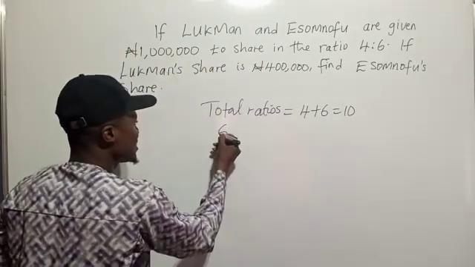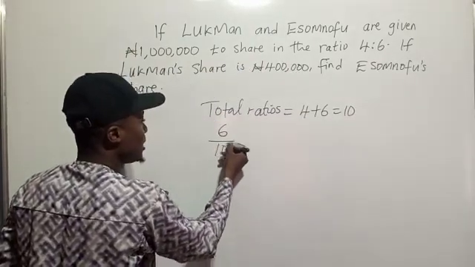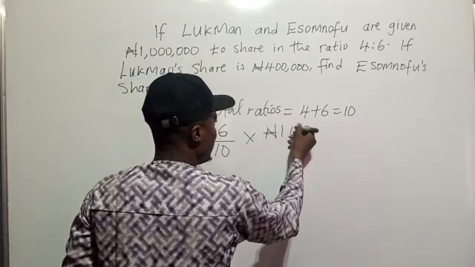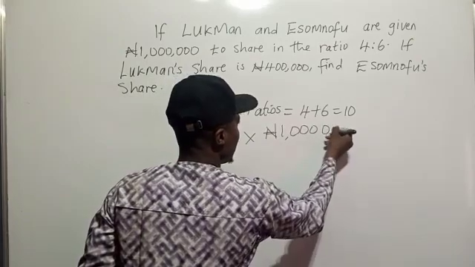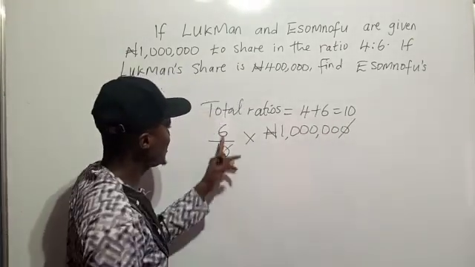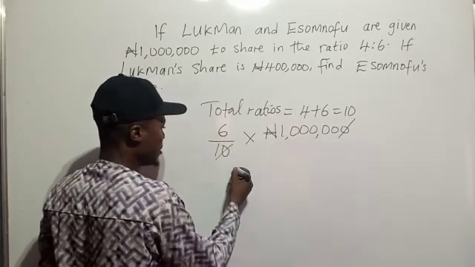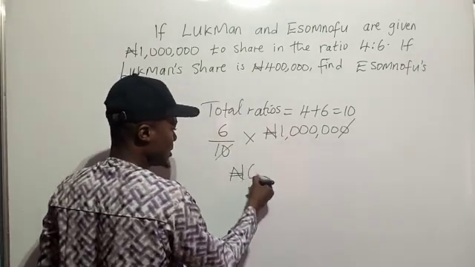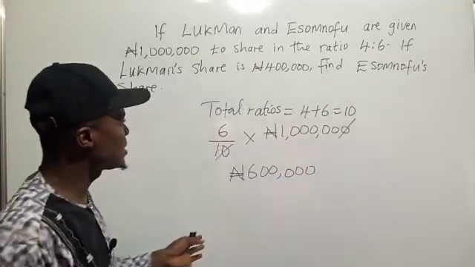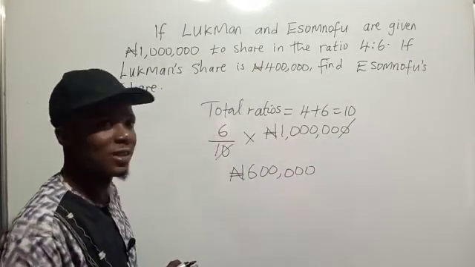So it shall be 6 over the total ratio of 10, then multiply by 1 million naira they are to share. So 0 will cancel 0, remaining 6 times 100,000. And of course, when you times 100,000 by 6, it shall give you 600,000 naira.